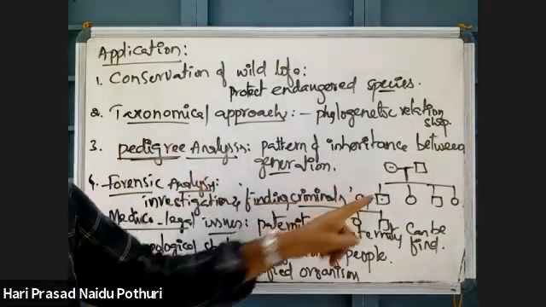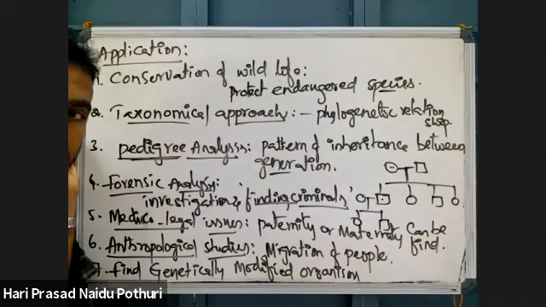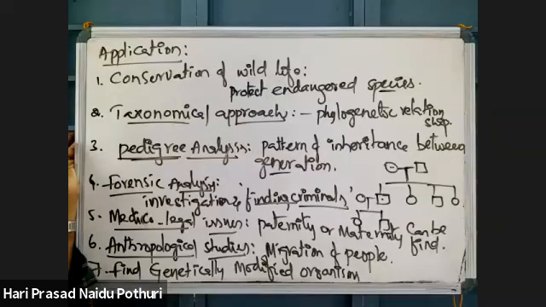Pedigree analysis I told you. Then forensic studies, finding the criminals. If any murder or crime scene happened, in that crime scene we can find anything. Even to find dead bodies also we can use.